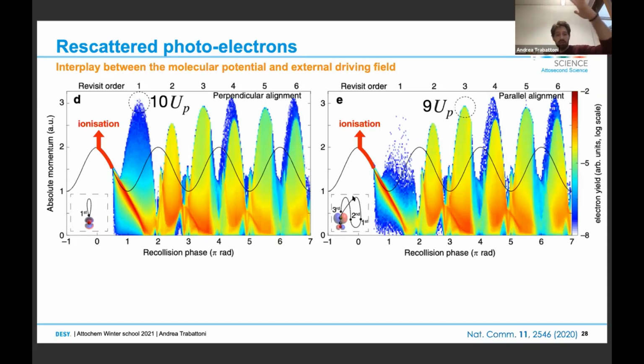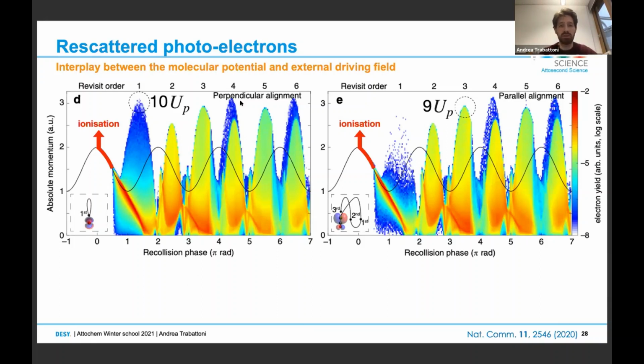And then the electron can be pulled back in the vicinity of the molecule by the Coulomb potential of the molecule, revisit at the second revisit, and then also the third revisit. The first time that you can reach high energy is exactly at the third revisit, where the highest energy that you can reach is this 9 times Up, which is in good agreement with what we observed in the experiment.